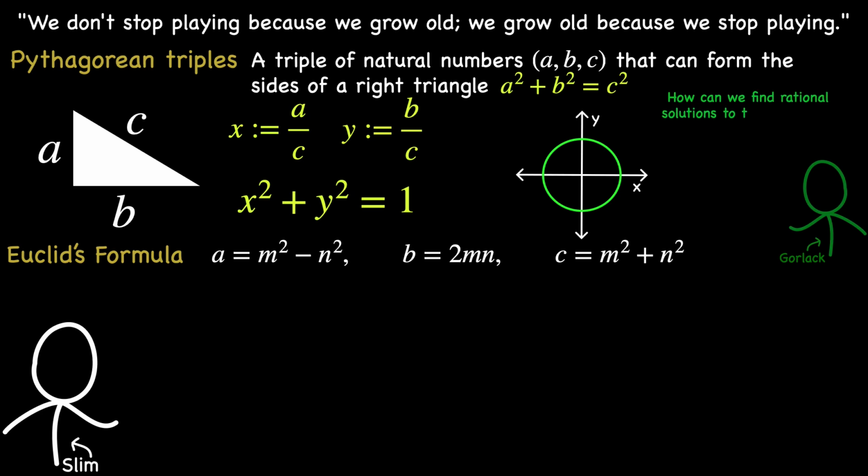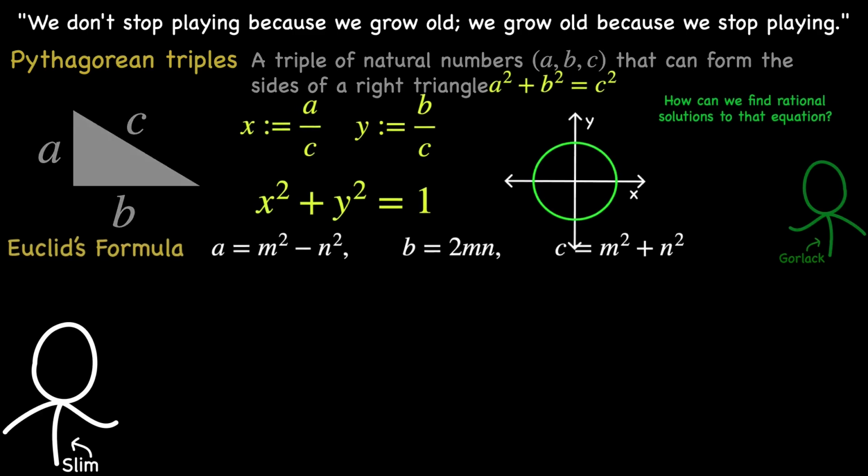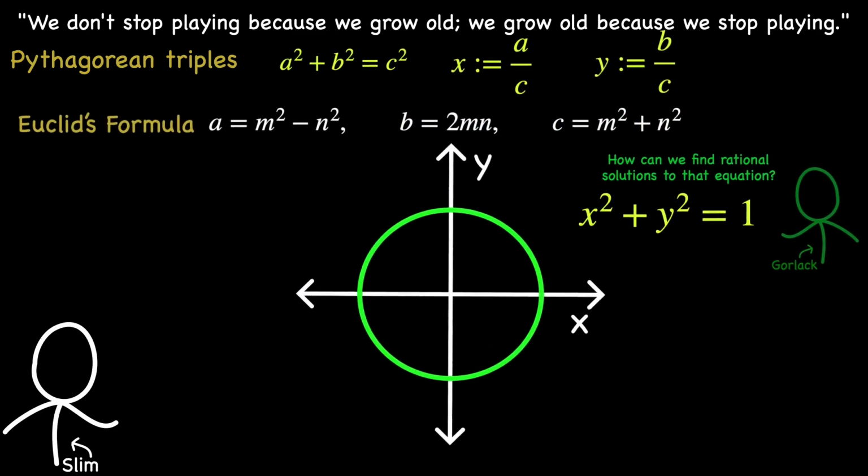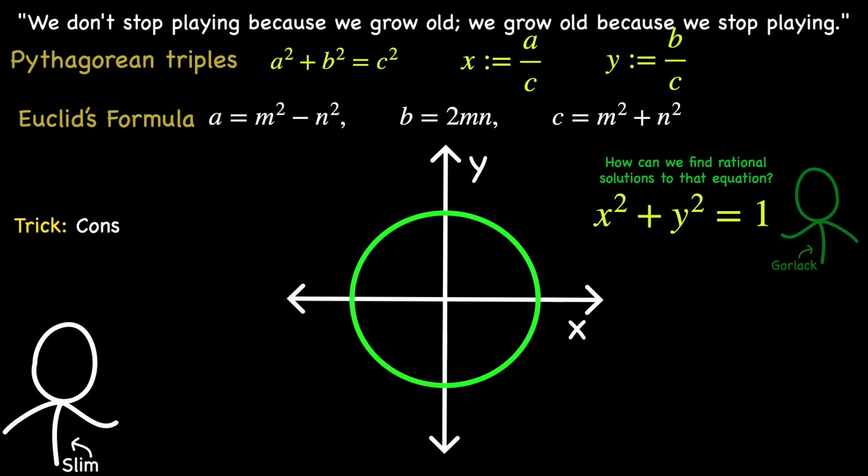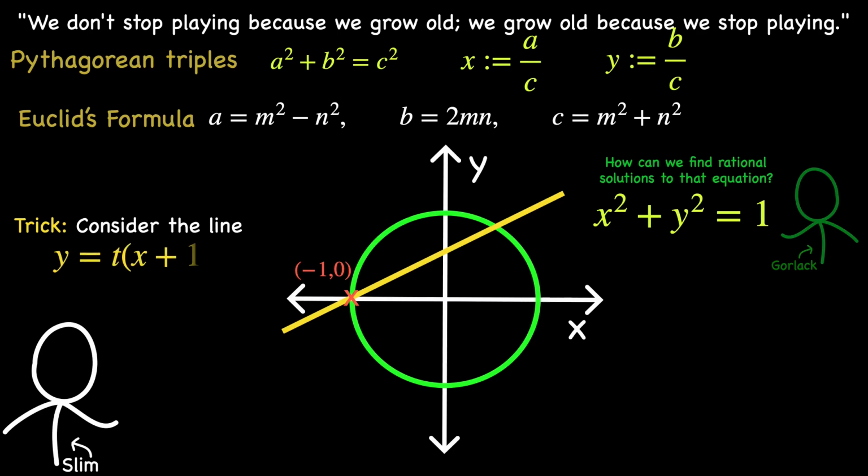So how can we ensure that we select only rational numbers? The key lies in this simple idea. Picture a straight line passing through the point (-1, 0), with a rational slope represented by t. The equation of such a line is y equals t times (x plus 1).